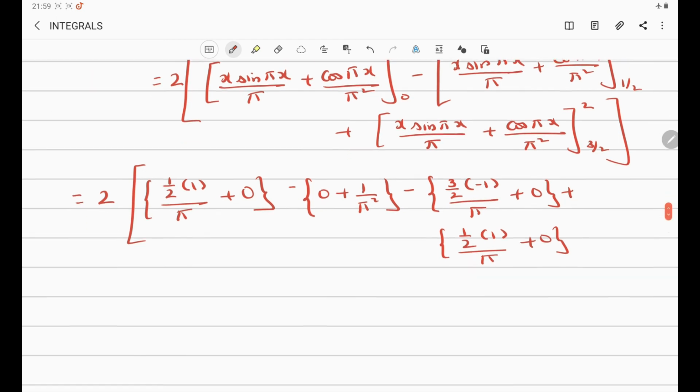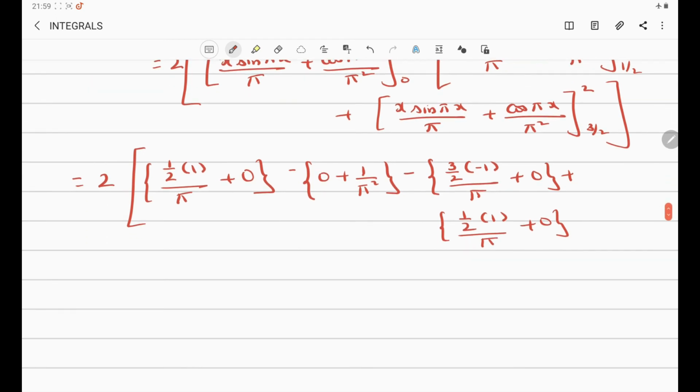and then the third part is plus, substituting 2 we get 2 sin 2 pi, that is 0, cos 2 pi is 1 by pi square, minus 3 by 2 if we substitute, x is 3 by 2, sin 3 pi by 2 is minus 1 by pi, and cos 3 pi by 2 becomes 0, so plus 0.